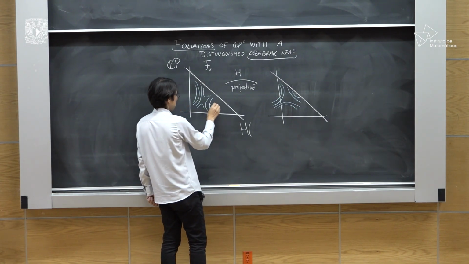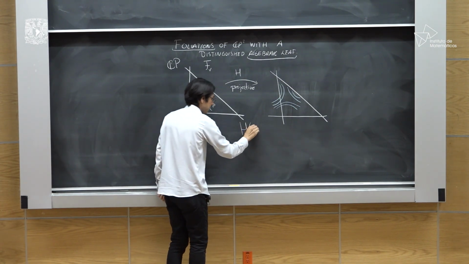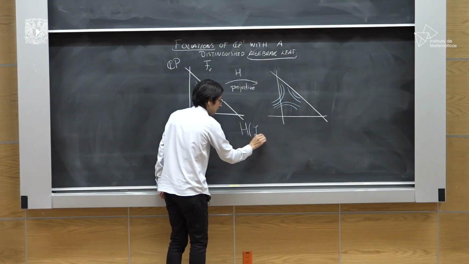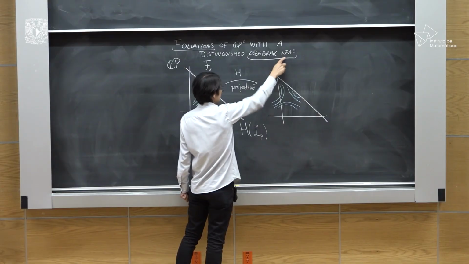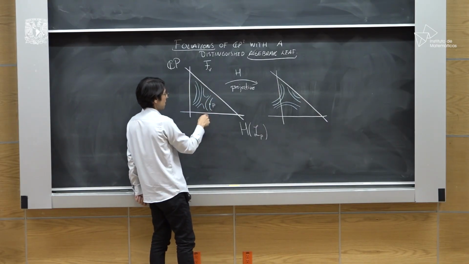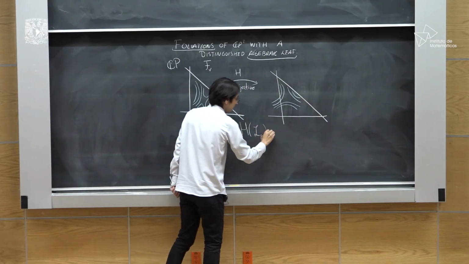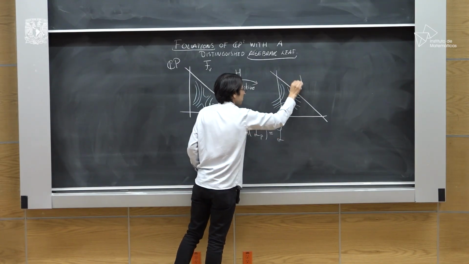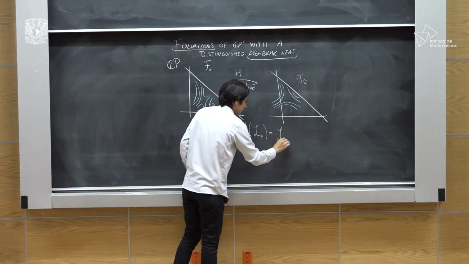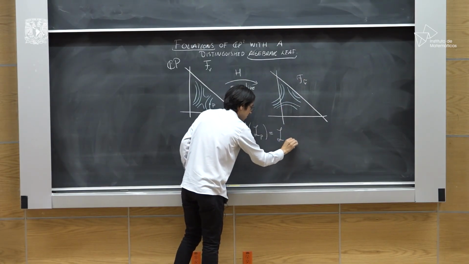Let me put it as the leaf of the first foliation through P into the leaf of the second foliation through H(P).